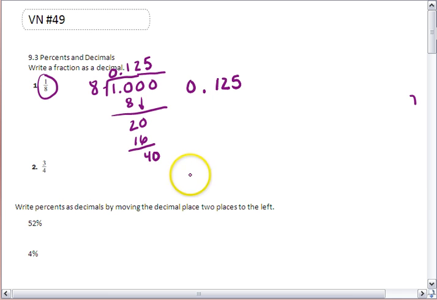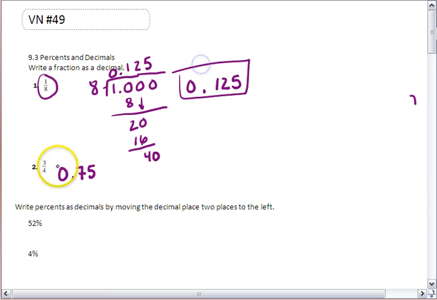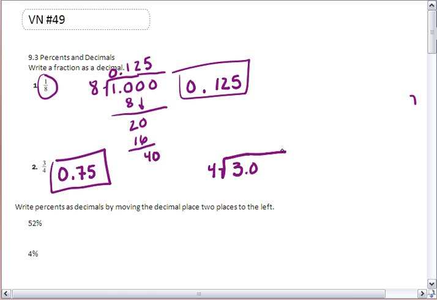3/4 is one that you should know. 4 goes into 3 is 0.75, or 75 hundredths. So this is how we would turn a fraction into a decimal. And again, remember, it's a division problem. So this one is 4 into 3. 4 goes into 30 7 times.